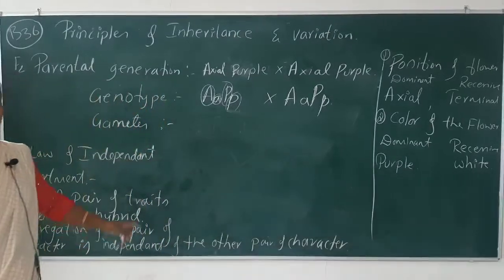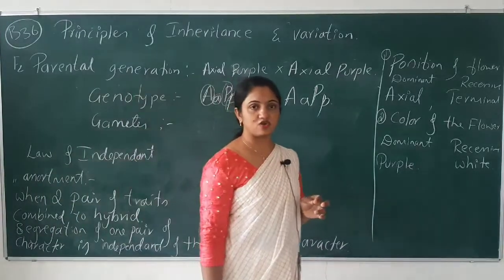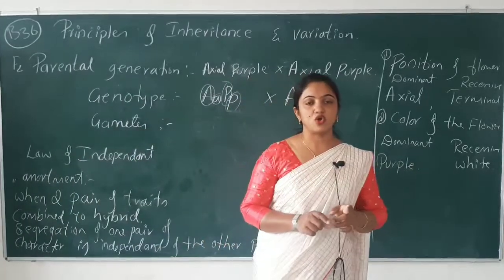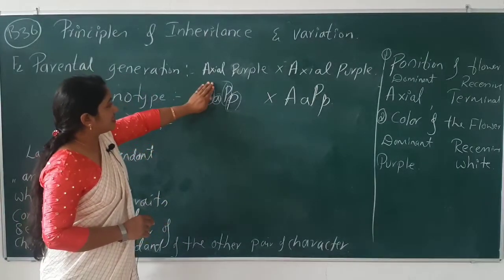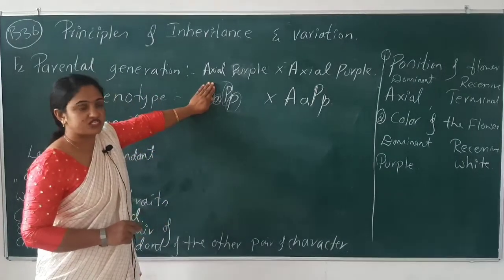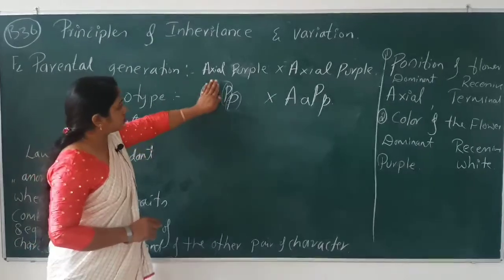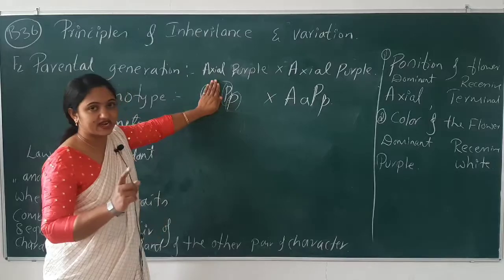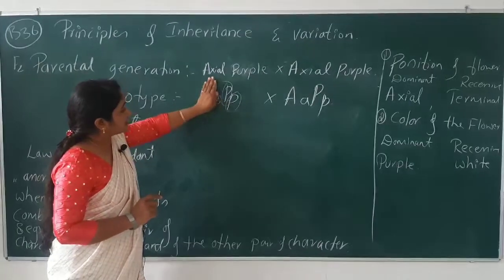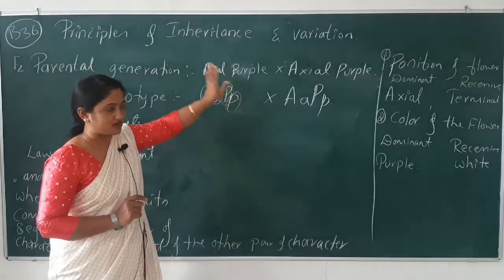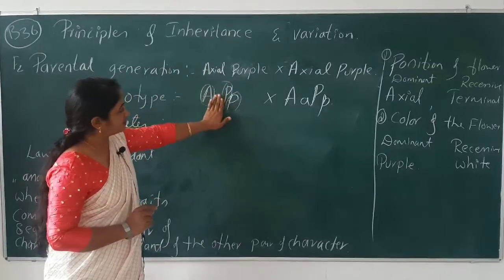Okay. So, what we studied in the last class, we wrote the gametes. How did we write the gametes? 50% of the gametes take the dominant gene of one trait. So, this is one contrasting character, both are similar. This is one contrasting character, this is one contrasting character. In the contrasting character, this will be the dominant and this will be the recessive.